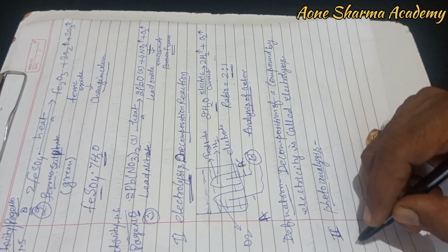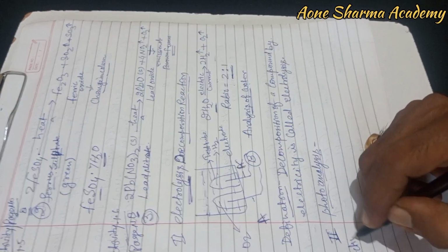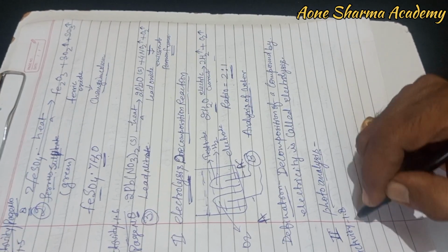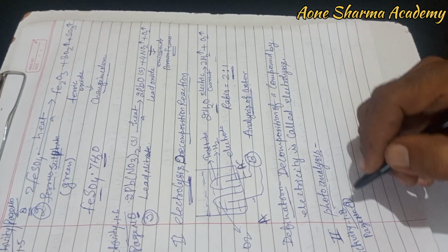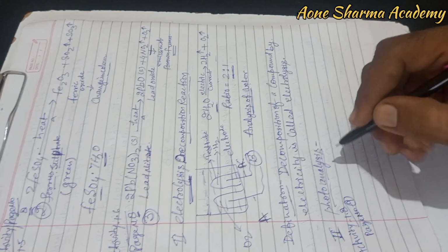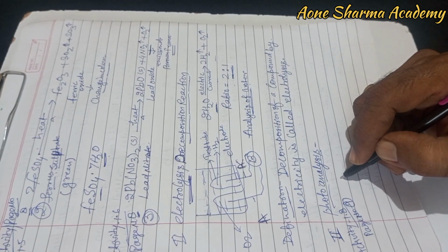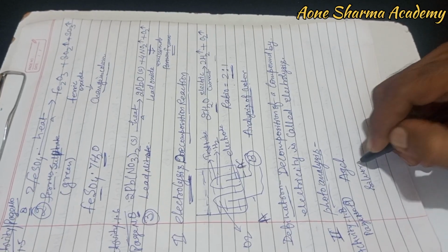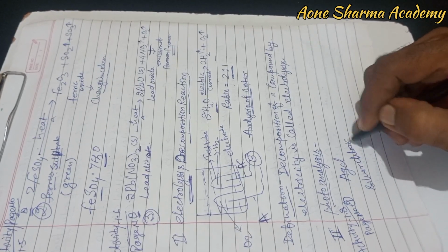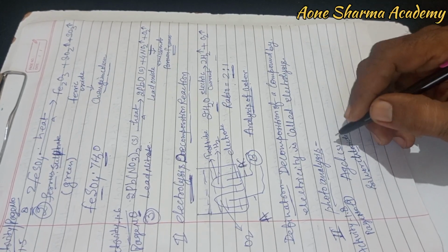For this, we take activity 1.8, page number 9 in the NCERT book. We take some powder of AgCl, silver chloride, which is in solid form.